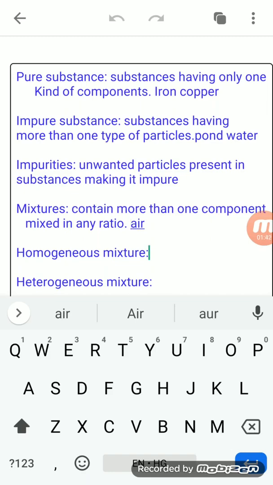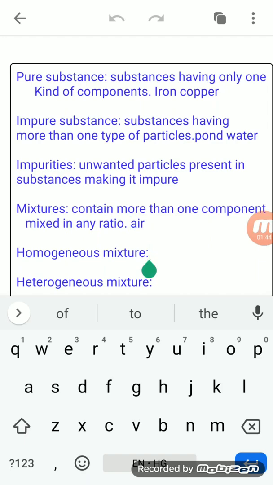Now the second one is the homogeneous mixture. Homo means same. A mixture in which the particles of a substance cannot be seen is called a homogeneous mixture. Suppose we have taken a solution of sugar and water.